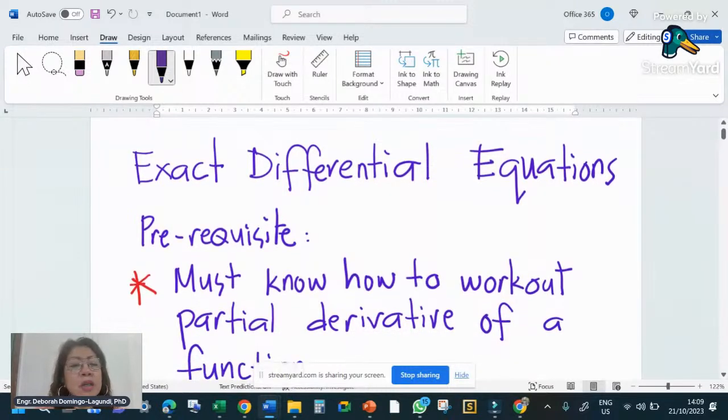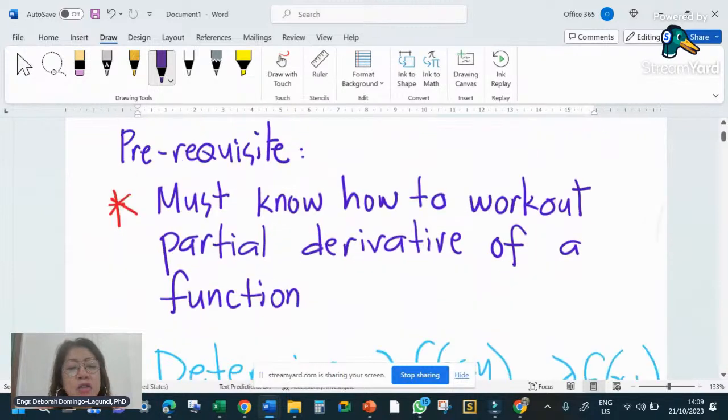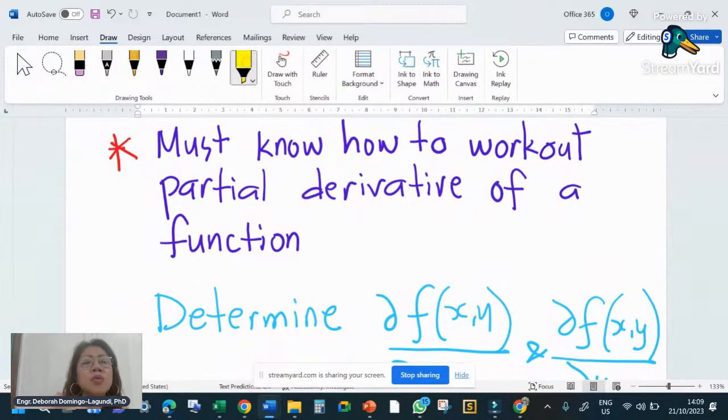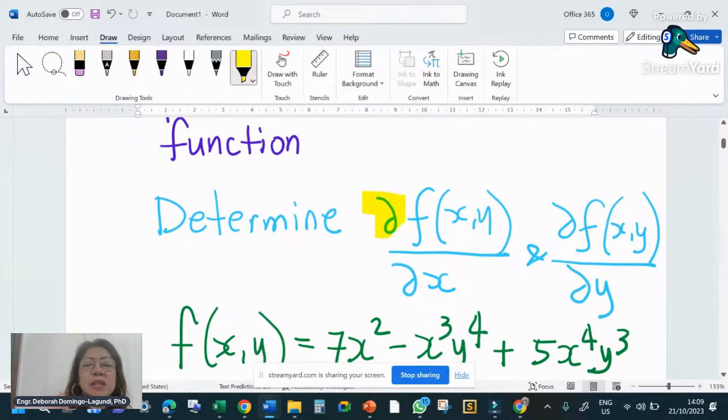Right. So the prerequisite to know exact differential equations is to know how to work on partial derivatives. A partial derivative makes use of the symbol ∂, all right?